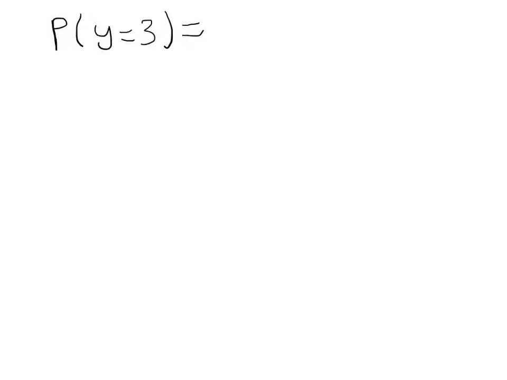On the first 2 times, I had to not get a 4. So there's only one way for this to happen. I have to not get a 4 twice, so it has to be not 4, not 4, and 4, in that order.